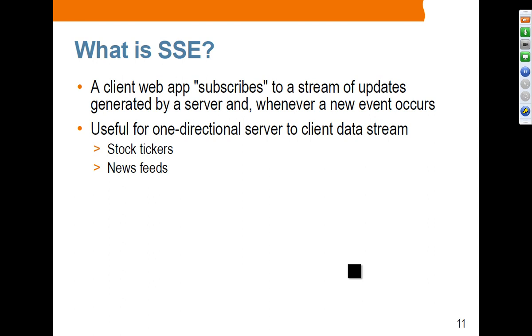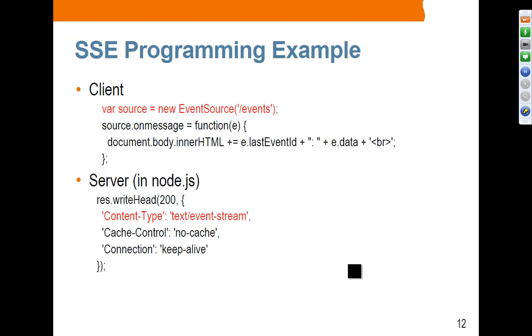Okay, so server-side event is one directional, by the way, from the server to the client. Use cases include a stock ticker or a news feed. So this is information coming from the server on a continual basis, on an interval basis. Okay, so this is server to client, one direction.